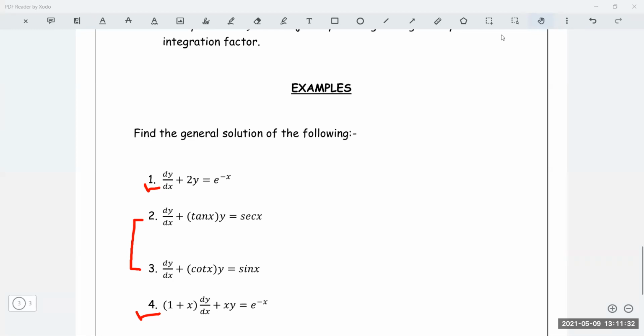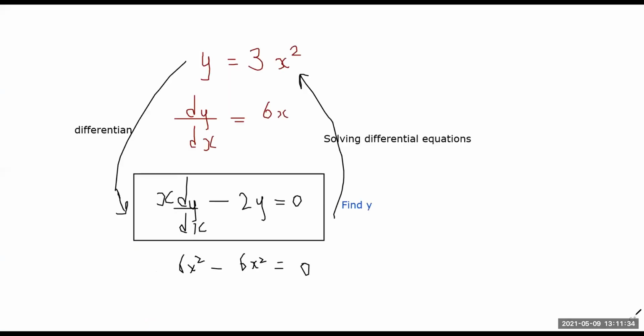The first question says dy by dx plus 2y equals e to the minus x. dy by dx plus 2 times y equals e to the minus x.